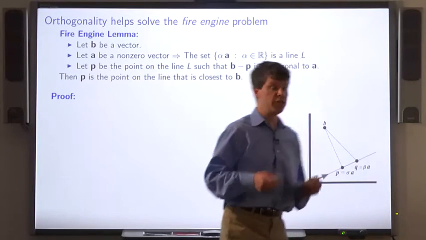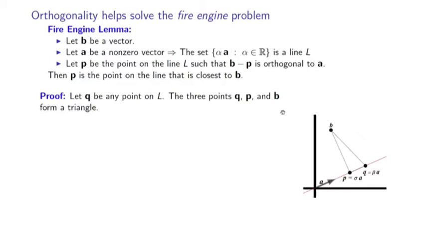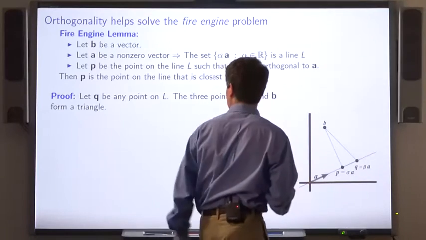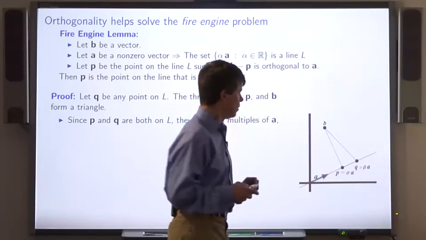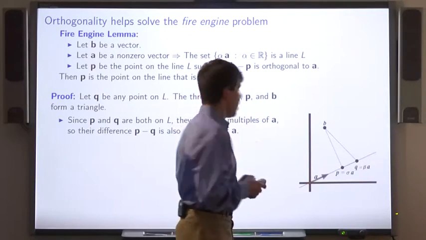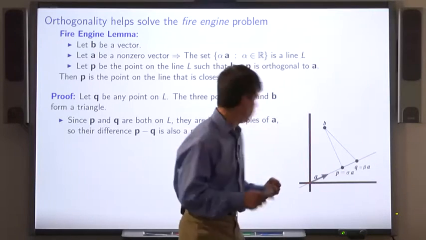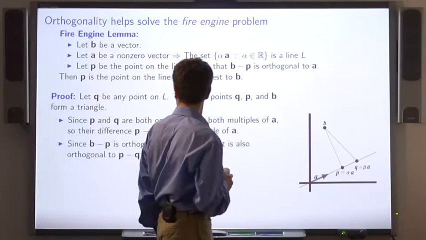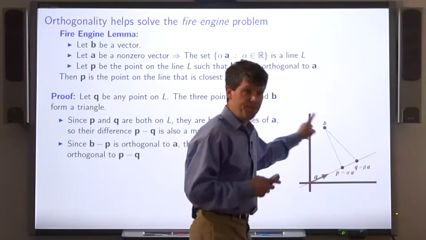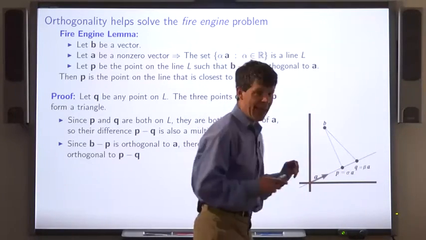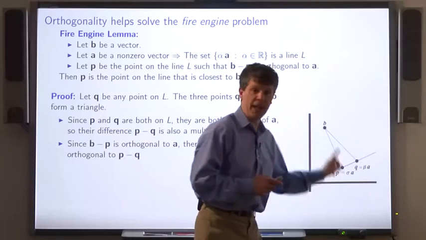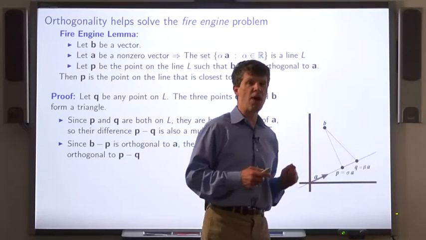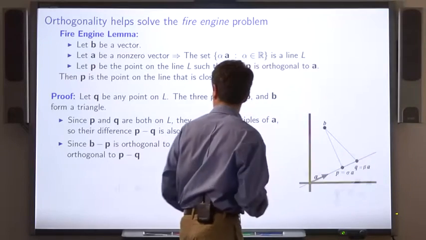Let's see this in greater generality. Let Q be any point on the line. Now the points Q, P, and B form this triangle. Now P and Q are both on the line, so they're both multiples of A. So their difference, P minus Q, is also a multiple of A. Now, B minus P is orthogonal to A. Therefore, it's orthogonal to P minus Q, which is a multiple of A. That's using one of the properties of orthogonality we proved earlier.